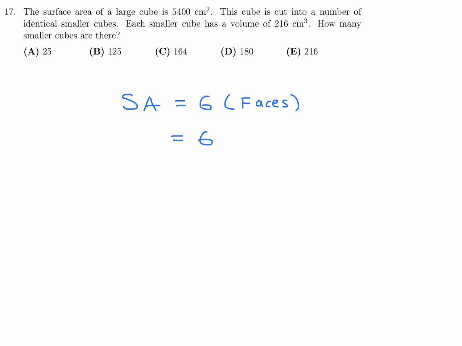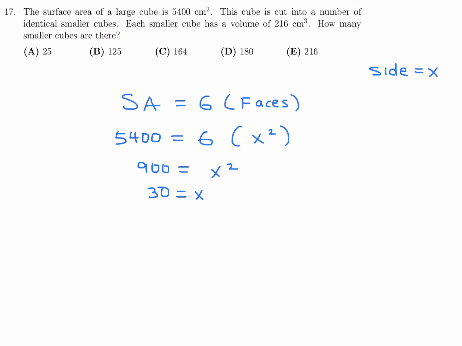And the area of the face, if the cube has, let's say, side length equal to x, since a face is a square, is just x squared. And they tell you that surface area is 5,400. So solving, x squared is going to be equal to 900, and therefore x is 30. So we have a cube that has a side length of 30.